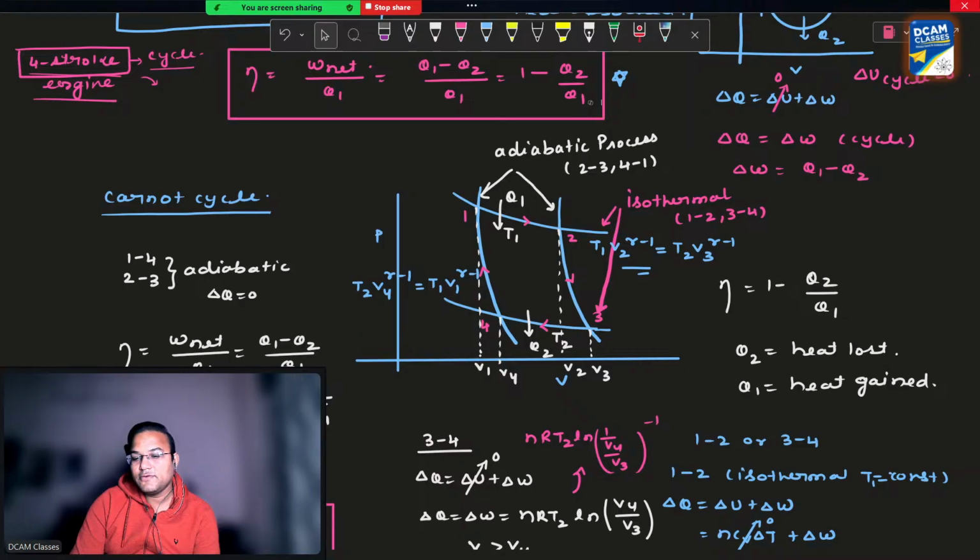But temperature is constant. Acha, tell me another way. Can you do it by using the normal theoretical calculation that we have learned?